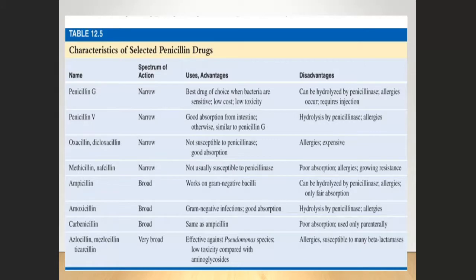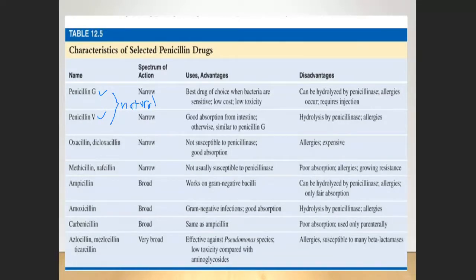So this is the list of the penicillin drugs, starting from the first type, which is the natural type: penicillin G, naturally made by Penicillium fungi, and then penicillin V. This is the natural type, made by Penicillium.